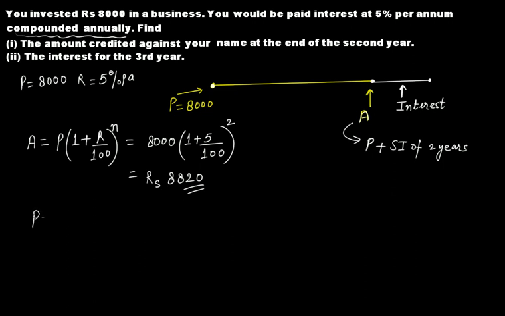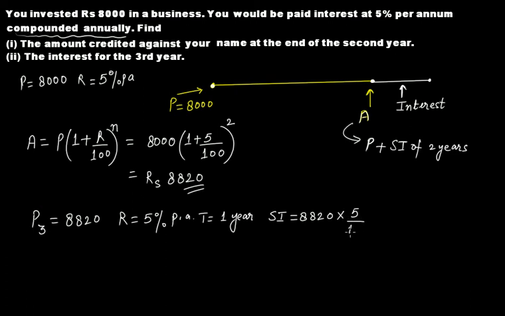This amount at the end of second year will be the principal for the third year. So the principal for the third year, let's note it by P3. P3 is equal to what? 8,820, right? And what's the rate? Rate is again the same, that is 5% per annum. Now, time period is equal to 1 year. It means that you have to calculate a simple interest where P is 8,820, R is 5%, and T is 1 year.